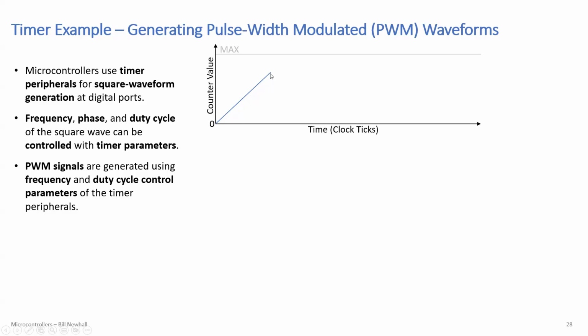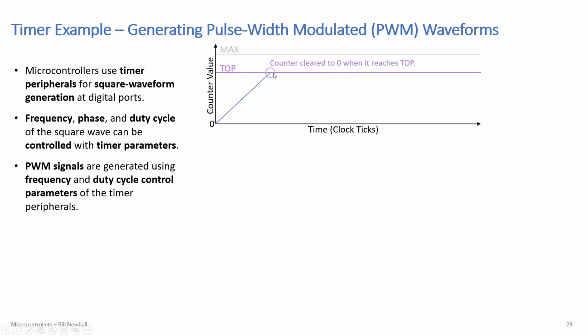Well, you can define a parameter called top. Now, this terminology is specific for the microcontroller I'm showing you here. I think this was one of the Arduino microcontrollers. You'll see different terminology in different data sheets, but you can translate this as generally how these work. So you have this parameter called top, and what happens when the counter hits this top value is the counter is cleared to 0.